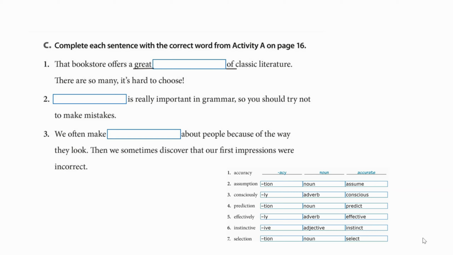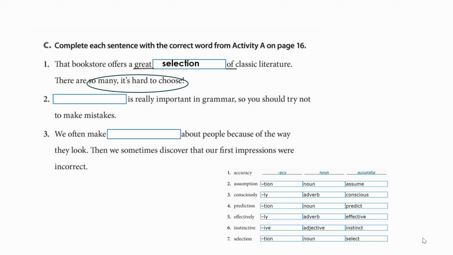So therefore we're looking for a noun that goes with "of". And that noun has to go with the meaning of this area that has been circled. So many. It's hard to choose. So therefore we know that there is a selection. So that bookstore offers a great selection of classic literature. There are so many, it's hard to choose.